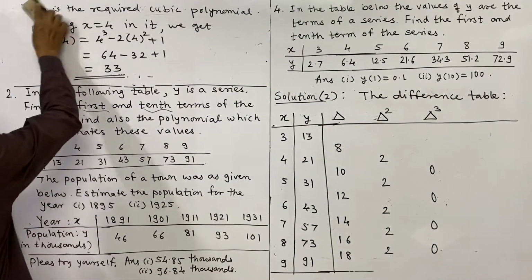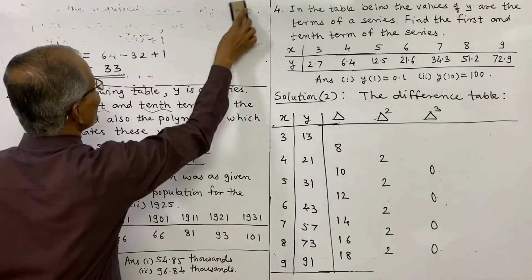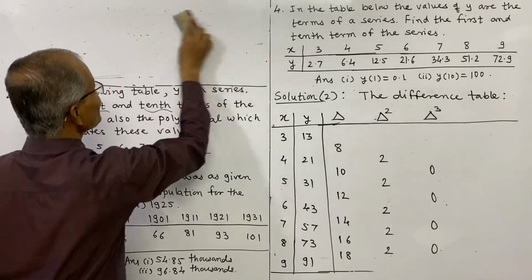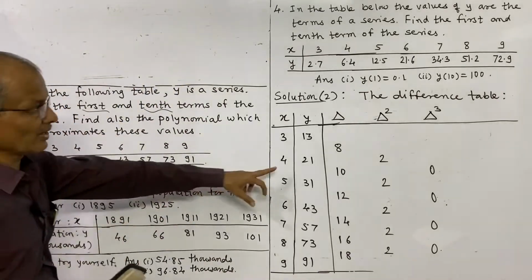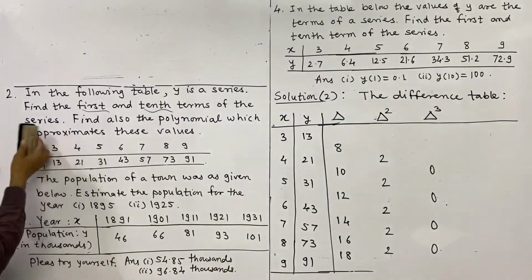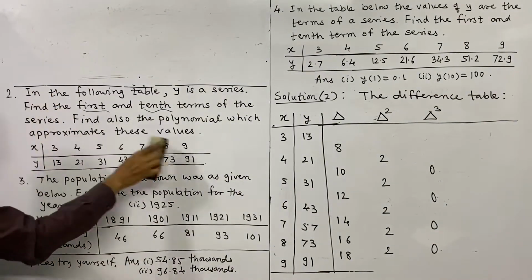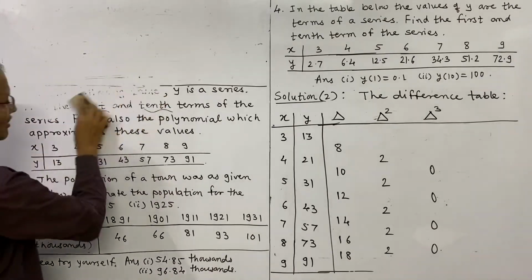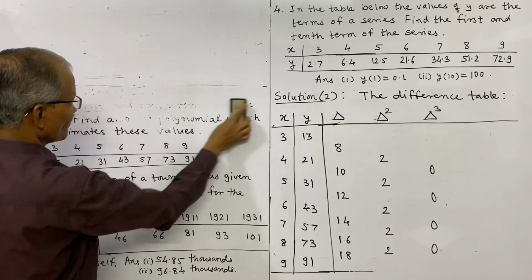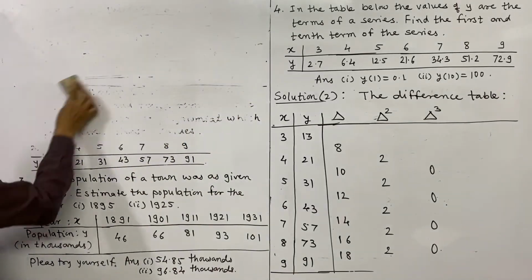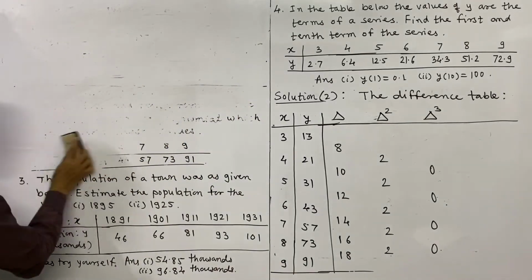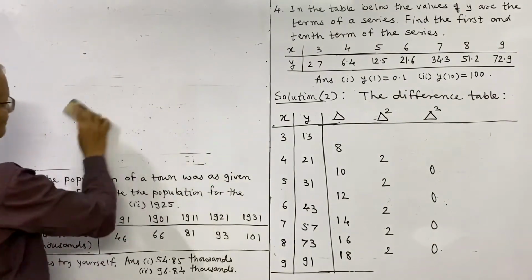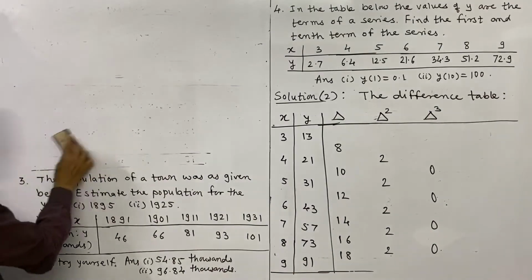Because we will remember, to obtain the first term and 10th term of the series, the data is represented in the table. So therefore I shall remove this problem. We have written this data in the table, and the first and 10th term we require to find. And to obtain the first term, which formula should we use, forward or backward interpolation formula?